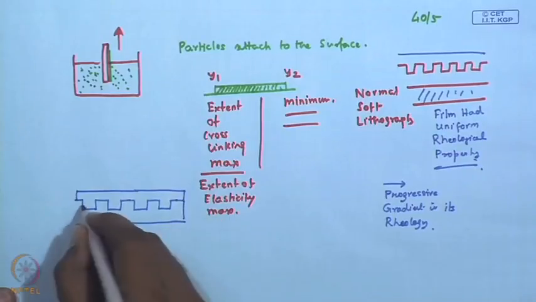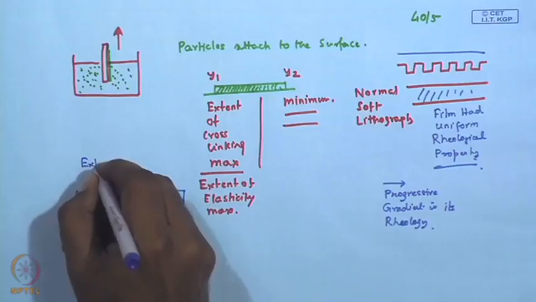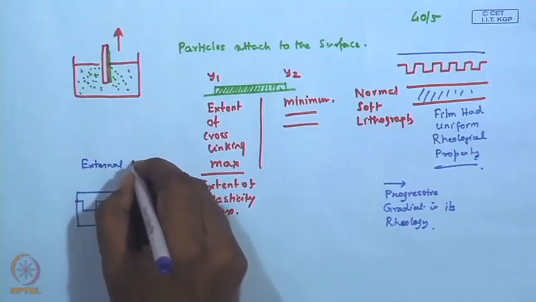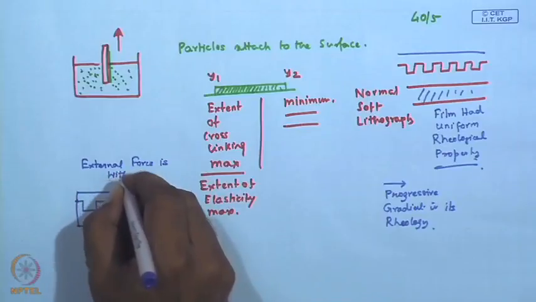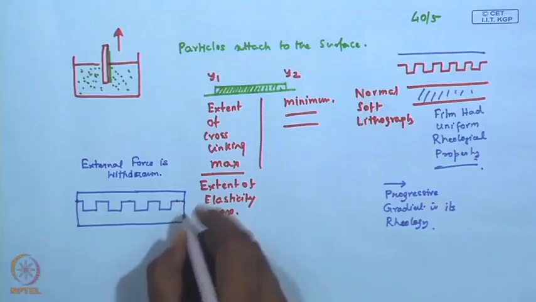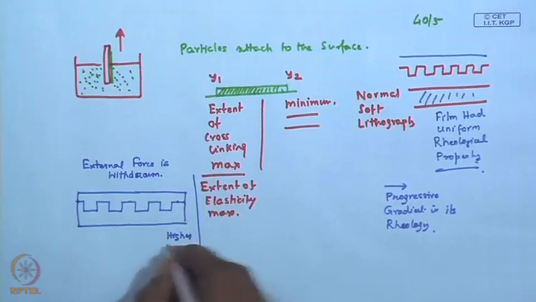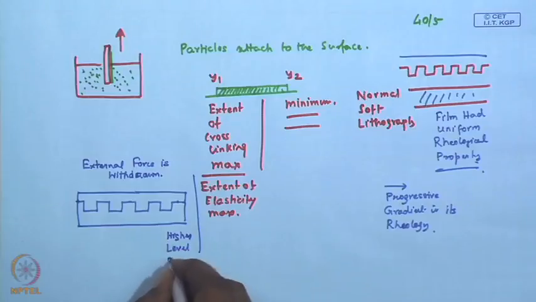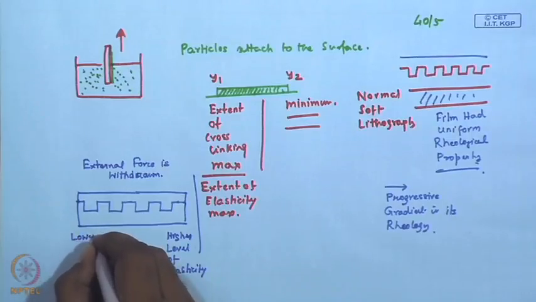So, here you have a film, you had applied an external force and the external force is now withdrawn. Okay. And here you have a higher level of elasticity, here you have a lower level of elasticity.